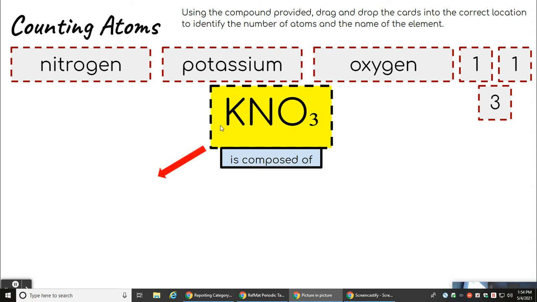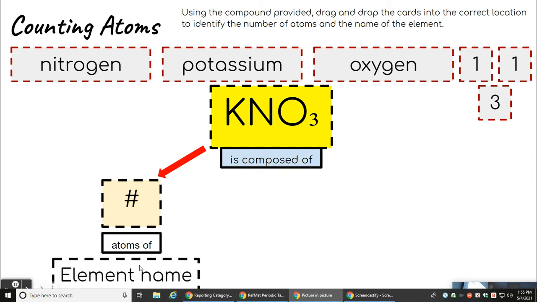We're going to start with the first element here. We're going to count the number of atoms of that element. Since there is no subscript, there is just one atom, that one that you see. So we say we have one atom of, and this chemical symbol is potassium. So we'll drag and drop potassium here, and we'll drag and drop the number 1 right here.